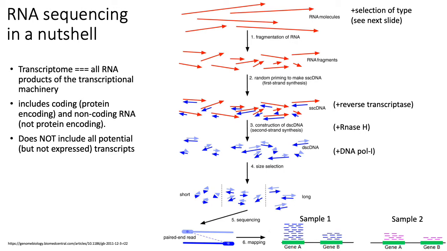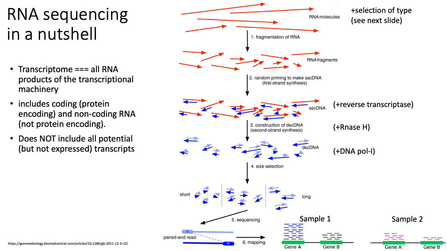At that point, you add RNase to get rid of the RNA, and then you add DNA Pol I plus some primers to produce double-stranded DNA molecules, or double-stranded cDNA. Then you do some further size selection to select fragments of a specific length. You then do sequencing and map those reads to the genome.